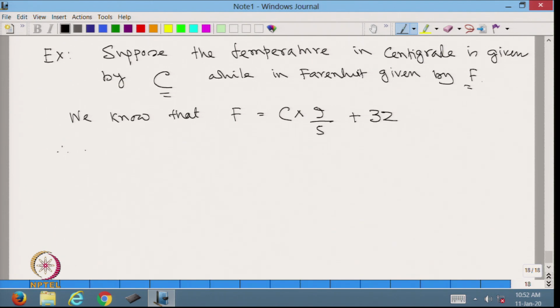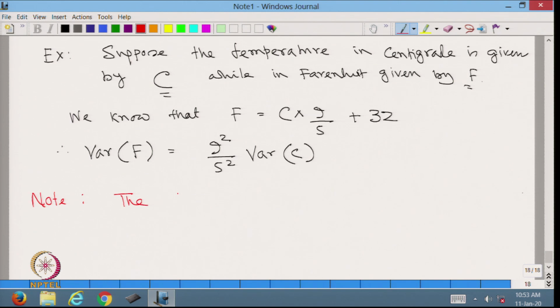Therefore, variance of F is equal to 9 square upon 5 square into variance when it is measured in terms of centigrade.